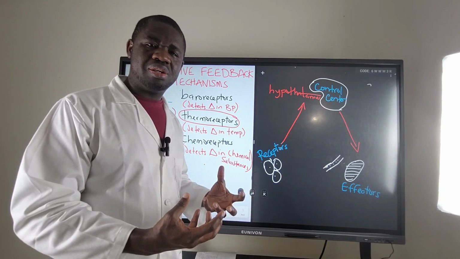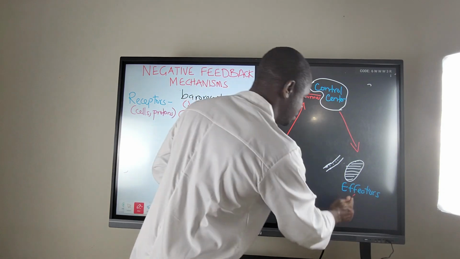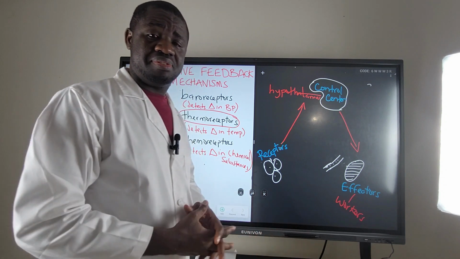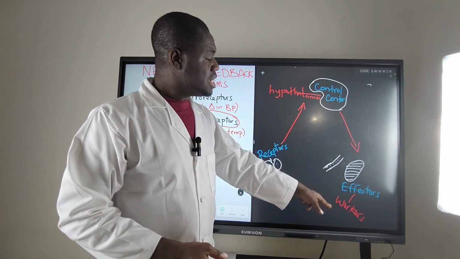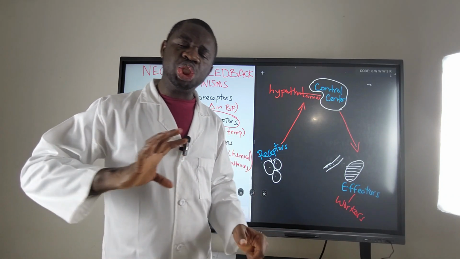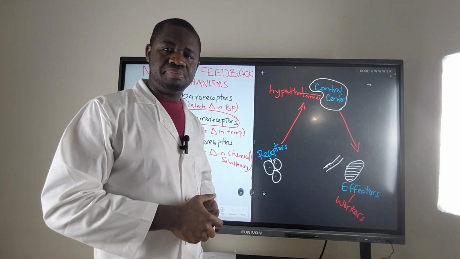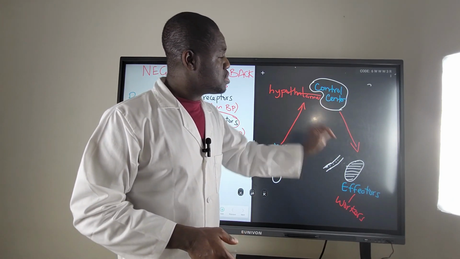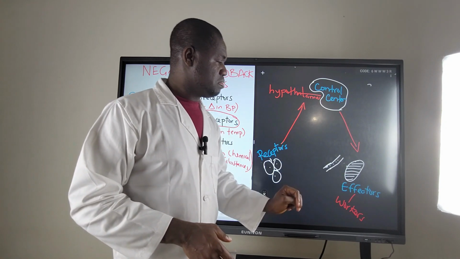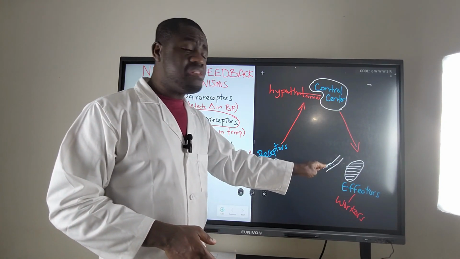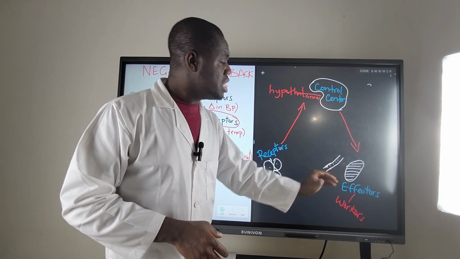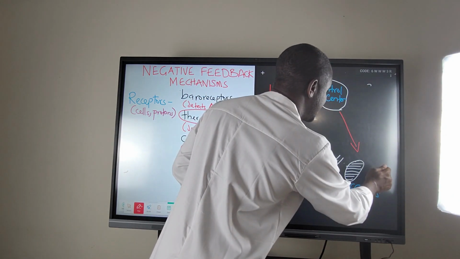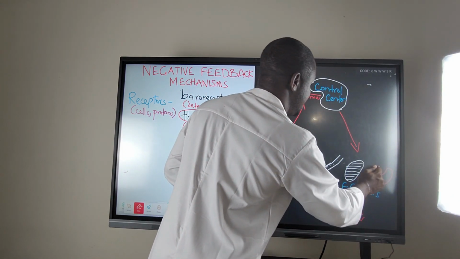Effectors are workers. They are messengers. So the CEO orders workers to initiate response. So now the hypothalamus sends an impulse to the effectors. So the effectors can be the blood vessels. The effectors can be the muscles. The effector can be the skin.